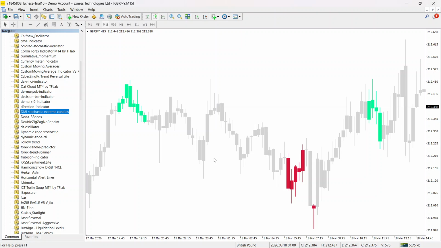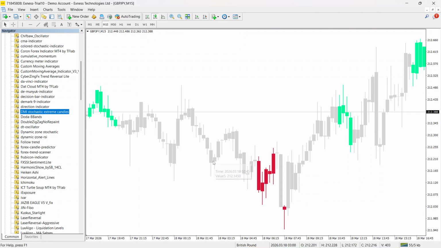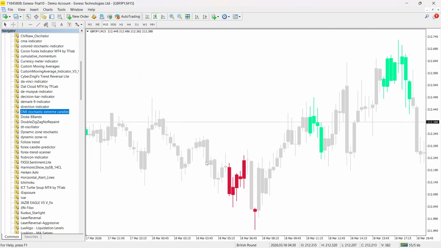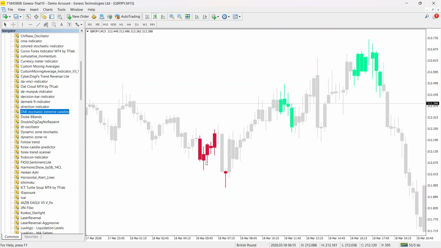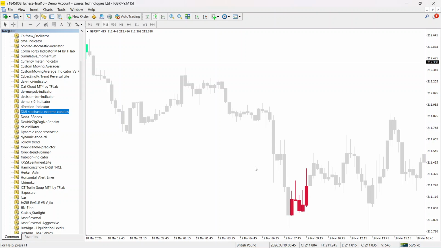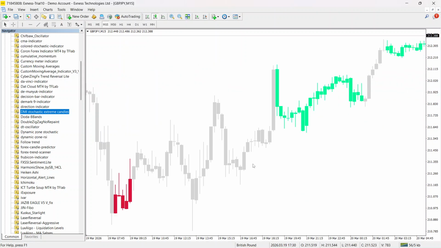Now, as you can see on your chart, the DMI Stochastic Extreme Indicator keeps normal candlesticks but changes the body color based on its internal DMI stochastic readings, typically green for bullish, red for bearish conditions, and gray for neutral or consolidating phases.